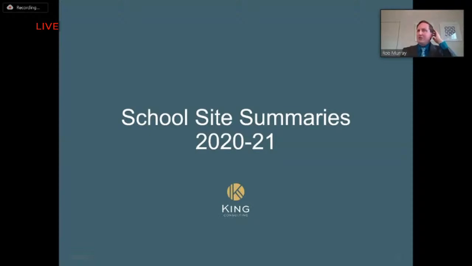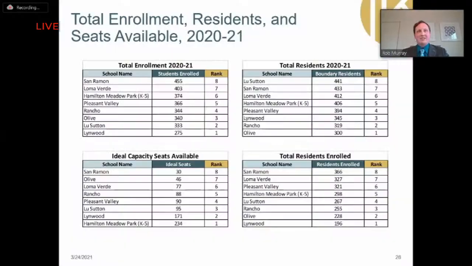So then getting to the school site summaries, just as with the detailed data, we have the 2020-2021 data that we're going to show you first, and then you also have the previous year's data in the same format. We start off, and I just want to point out, I have put the word rank on there.